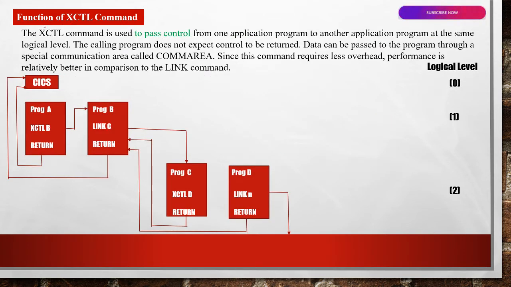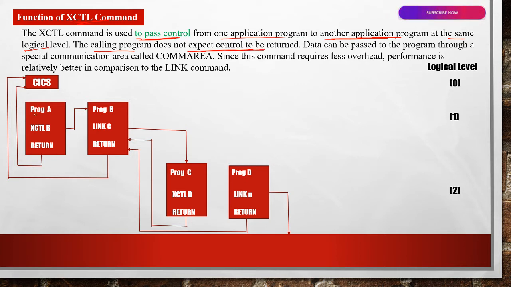And what is the function of the XCTL command? The XCTL command is used to pass control from one application program to another application program at the same logical level. The calling program doesn't expect control to be returned.